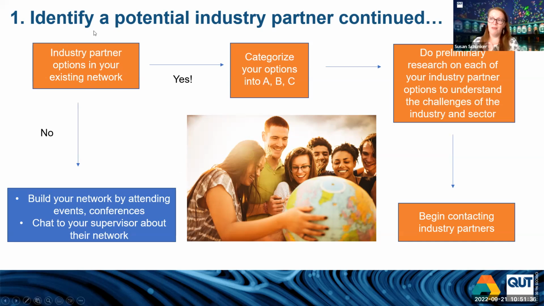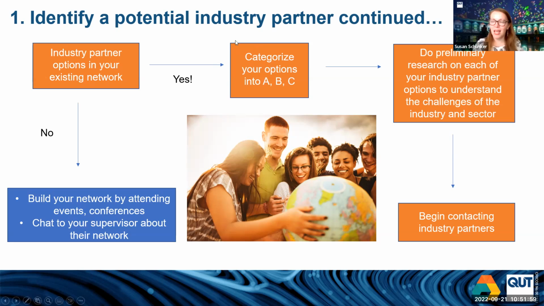So if you're looking at your industry partner options and you're going, yes, I do have some. Okay, I've sat down, I've thought about who's in my network, I've chatted with my supervisor, I'm leveraging their network, I've chatted with my barista and my hairdresser, I'm leveraging their network, and I've got this extensive list, and now I've got some industry partner options that I can approach.